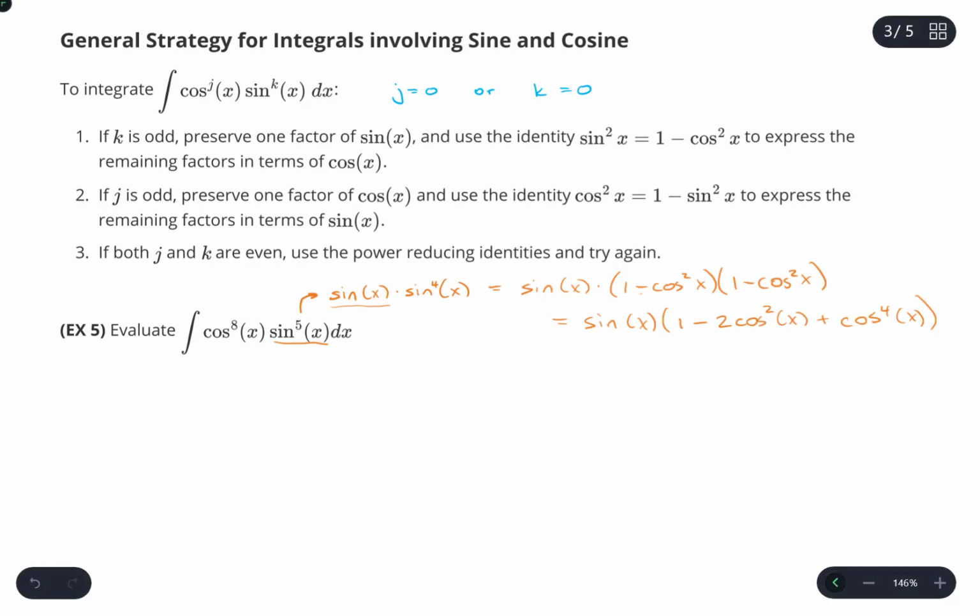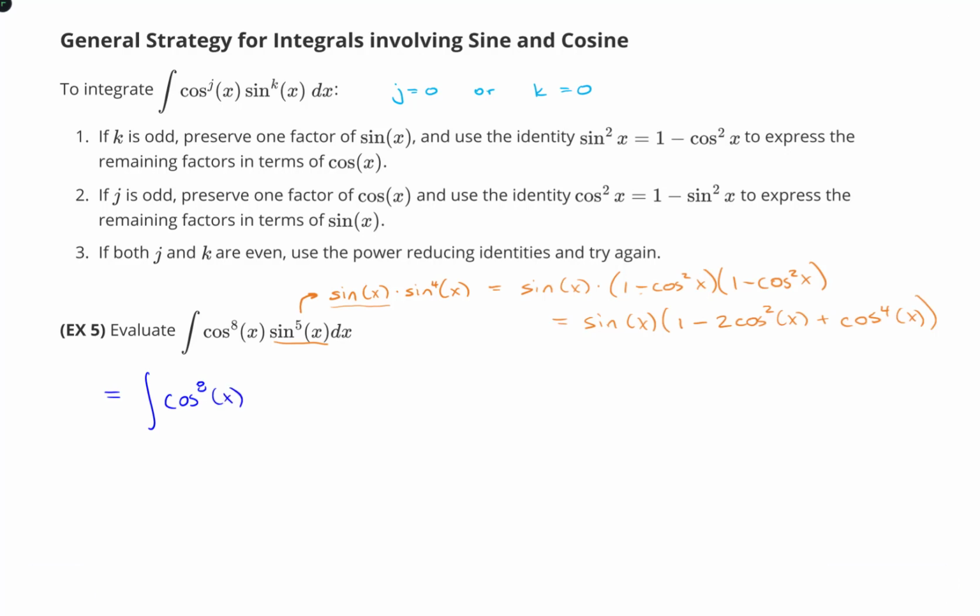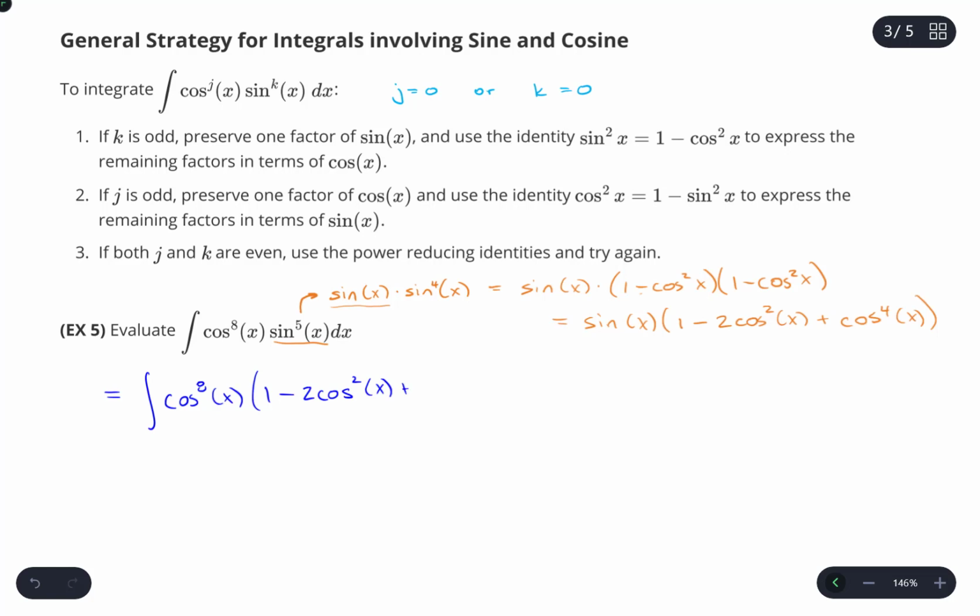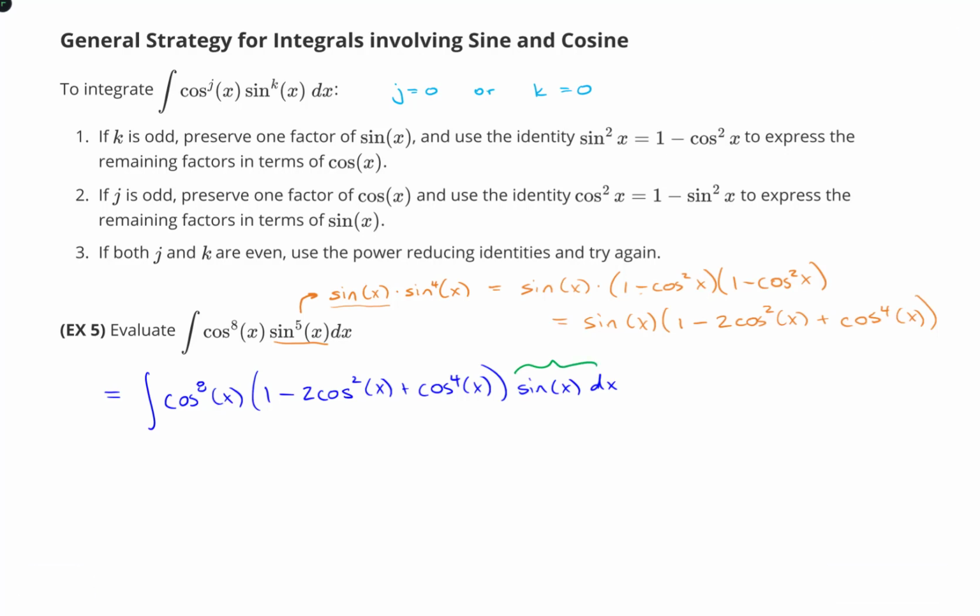So this problem can be rewritten as cosine to the 8th of x times, and I'm going to reorder these here, 1 minus 2 cosine squared of x plus cosine to the fourth of x times sine of x dx. And of course, this is getting preserved through du. And then the rest of this is going to get simplified just with letting u be cosine x.